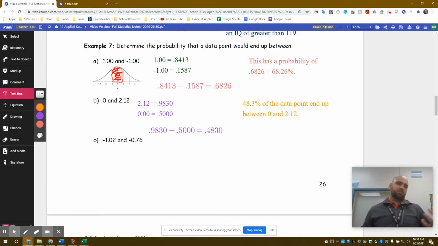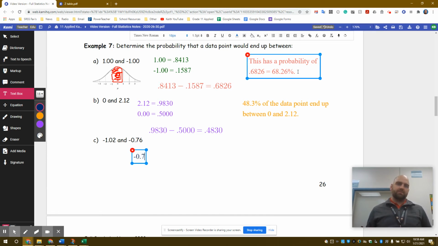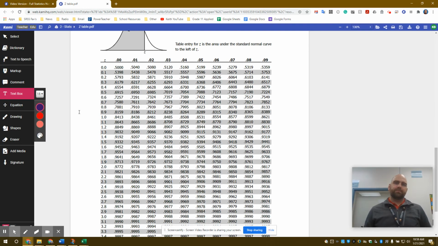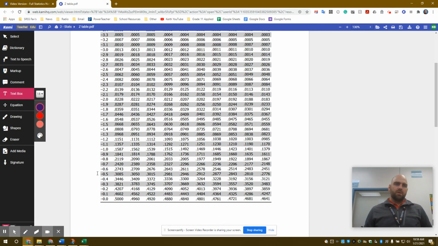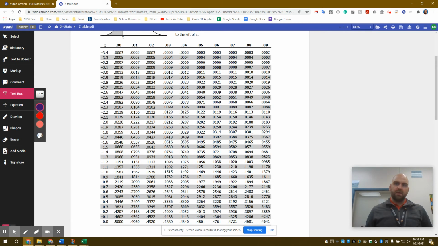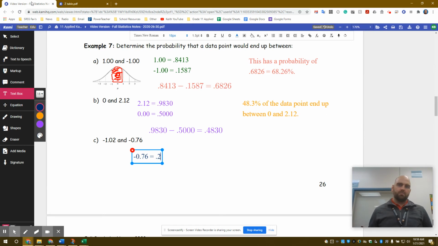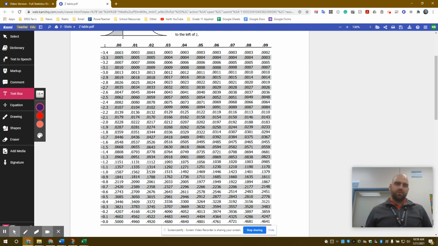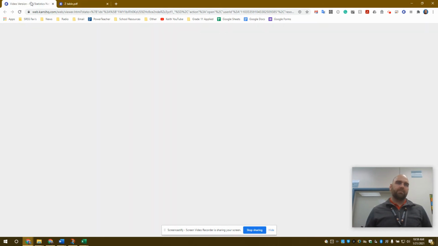Now, when we have negatives, again, it works the same way, except that now the smaller the negative, the bigger the value. So we're going to actually start with those. We're going to do -0.76, which has a probability of 0.2236 right there. And negative 1.02 is 0.1539 right there.